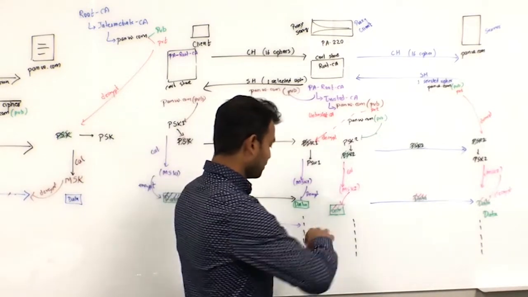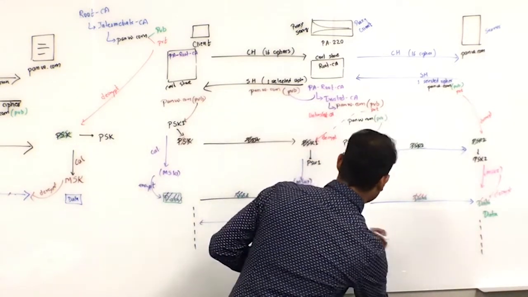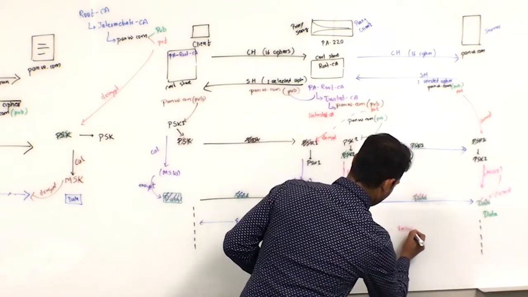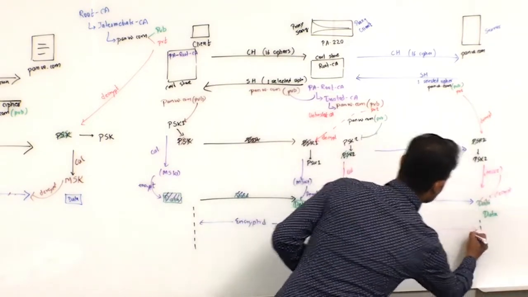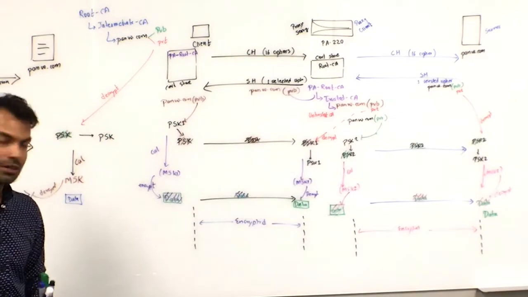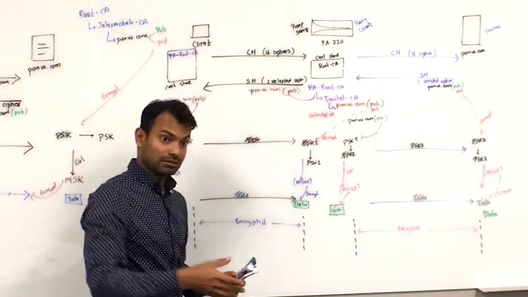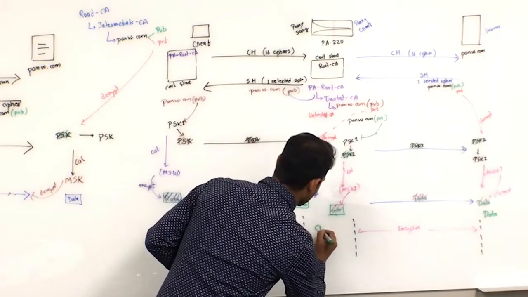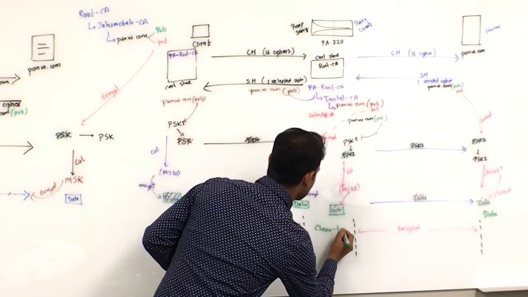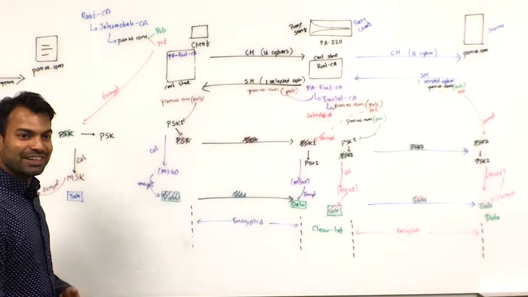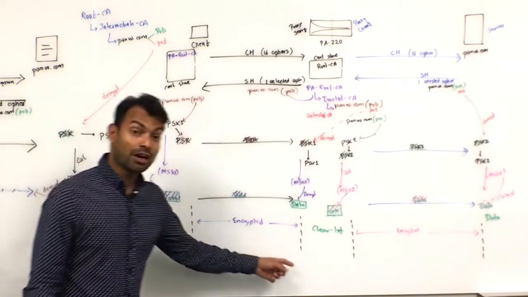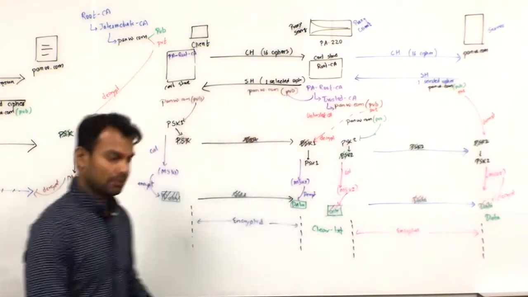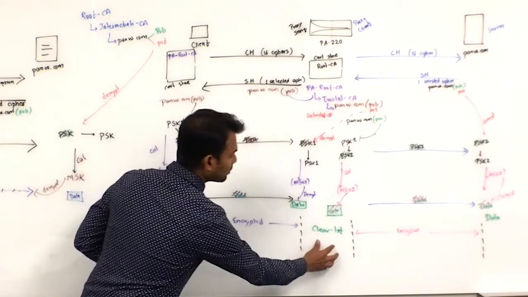And there is another encryption, which I'm going to use a different color here, between the firewall and the actual server. But the middle section is basically the clear text. We have an encryption between the client and the firewall, and we have another encryption between the firewall and the actual server, but there is a clear text in the center.